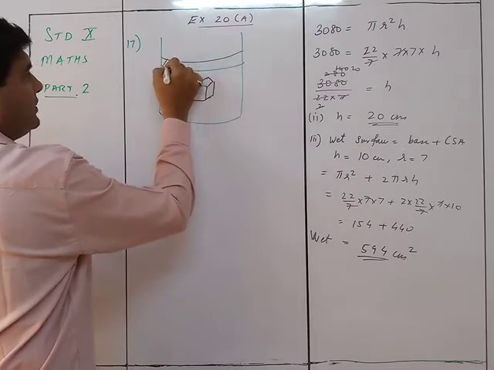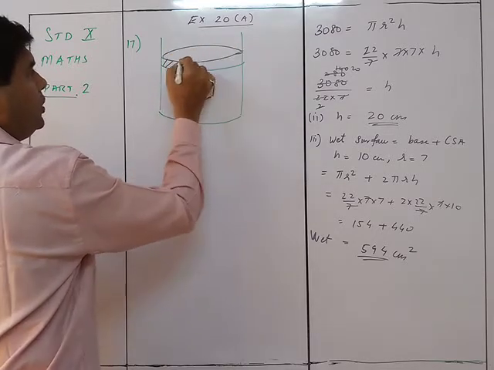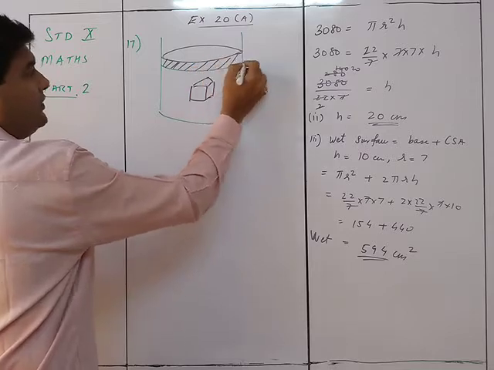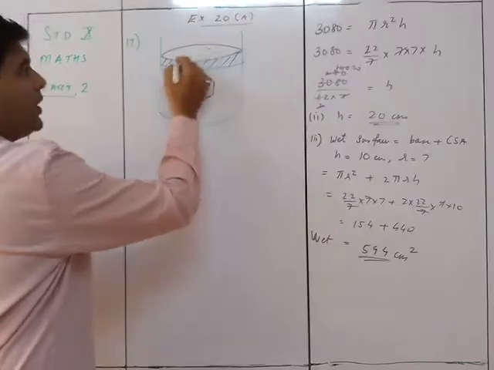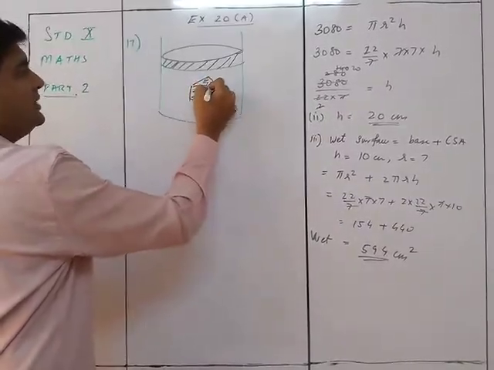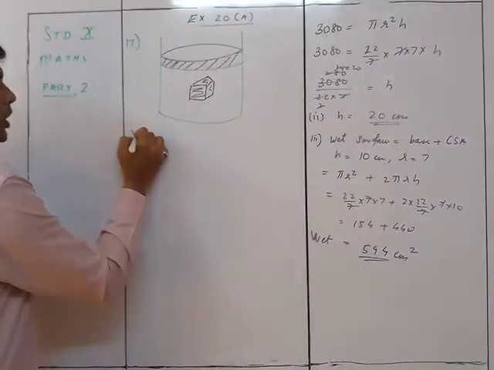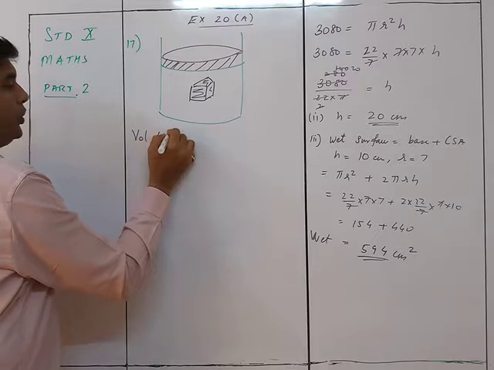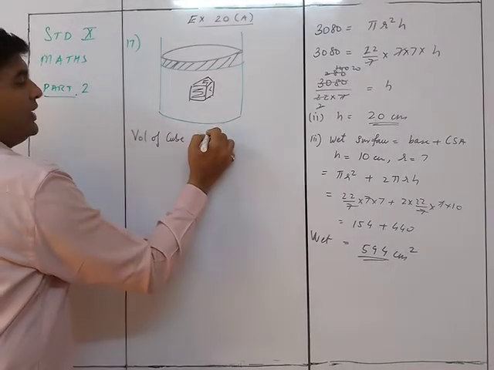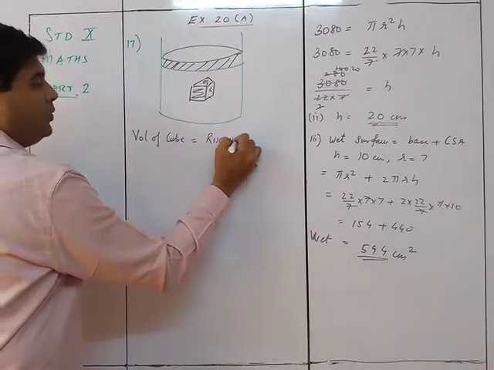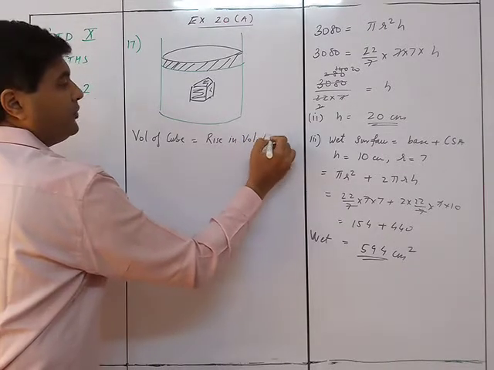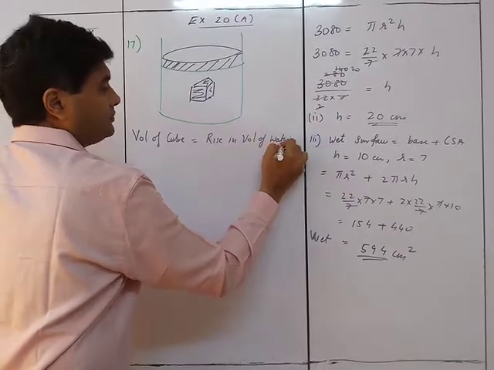So this is the volume of the water which is going to increase. That volume of the water increase is equal to the volume of this cube. Understood? The volume of the cube is equal to the rise in the volume of the water level.